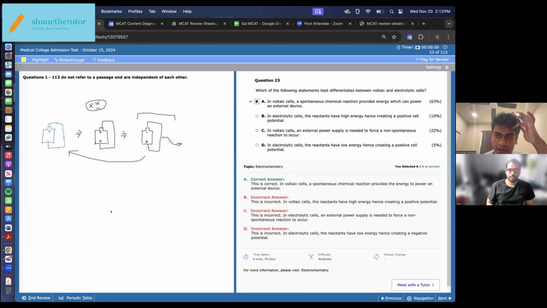See if you could open up the shared PDFs folder. I have one in there. Where do you want me to go? Go to PDFs, and it'll be called Electrochemistry.